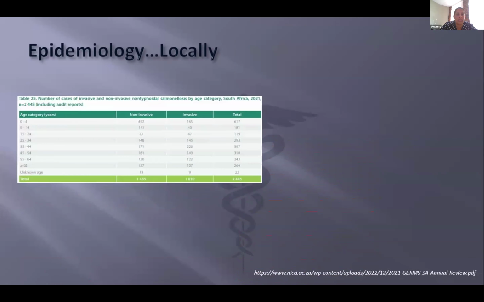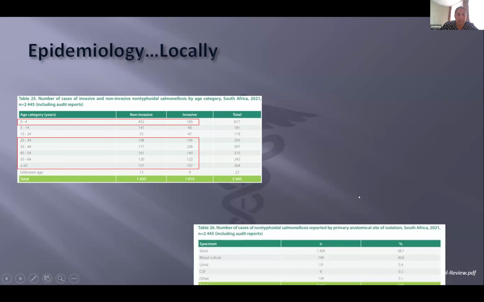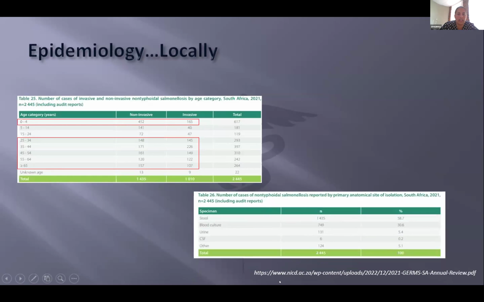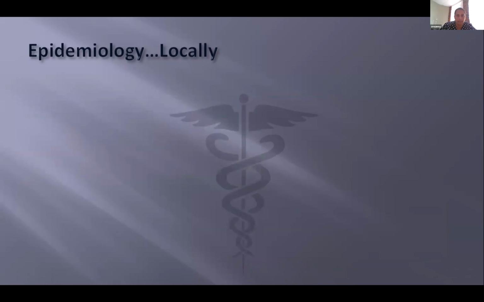And then when we look at the age group that's particularly affected, we can see that children under the age of 5 are affected, both for non-invasive as well as invasive infections. And then adults between the ages of 25 and maybe 64 are affected both for invasive and non-invasive disease. And then when we look at the primary anatomical site of isolation, really the top two are stool, which is the majority of isolates, followed by blood cultures.